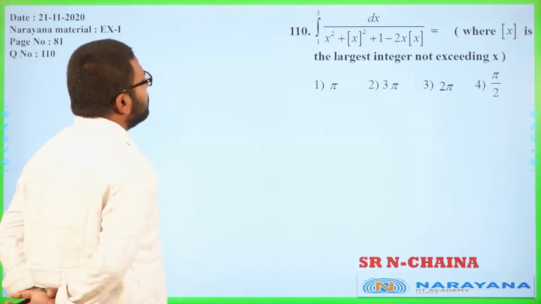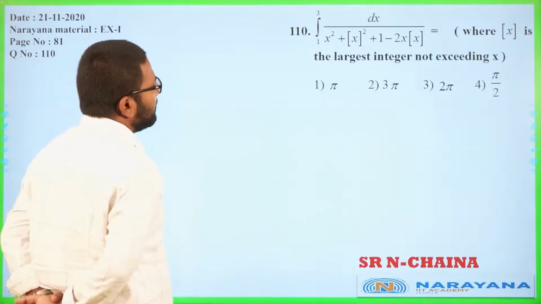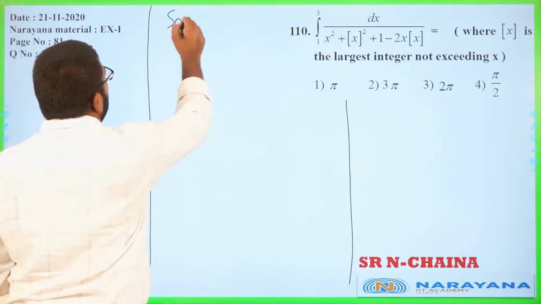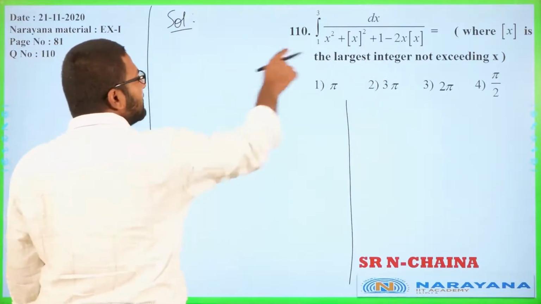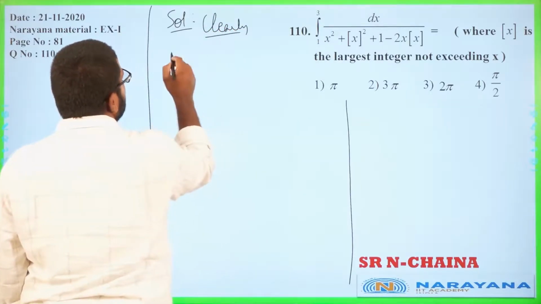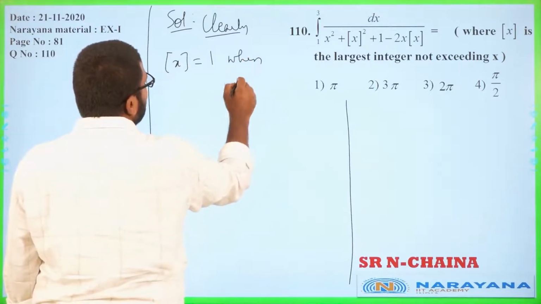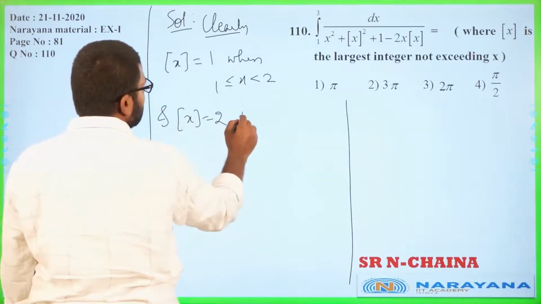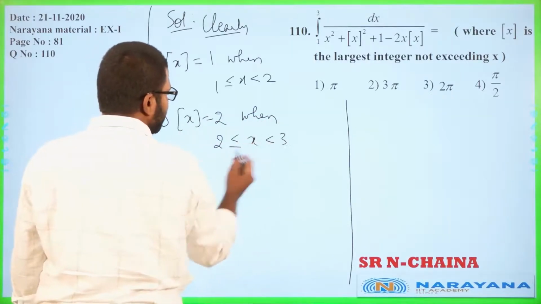Integral 1 to 3 of dx by x square plus step of x square plus 1 minus 2x step x. Thankfully we are only dealing with step x here. Inside the step there is only x and no other function of x. So we just have to ask, in 1 to 3 clearly, step x is 1 when x lies between 1 to 2, and step x is 2 when x lies between 2 to 3.